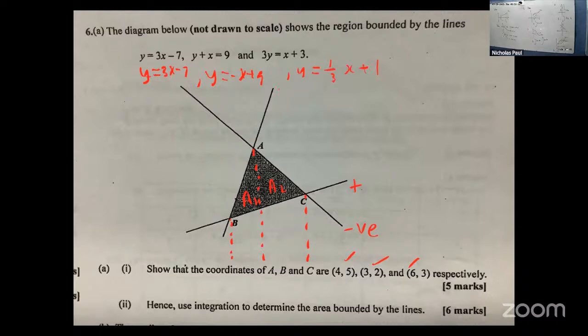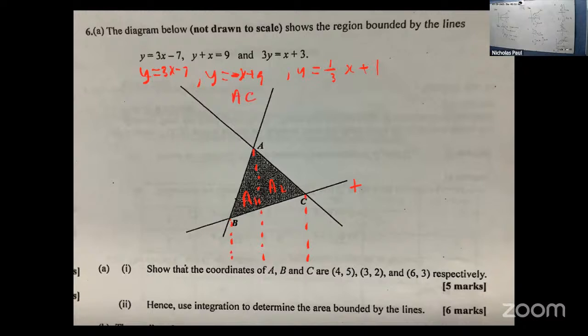Right. Let's start with negative gradient first. Which one is AC? First, second, the third line? AC is the negative gradient. Which one? Second one, right? You're seeing that? This second equation has a negative gradient. So the second equation is AC.